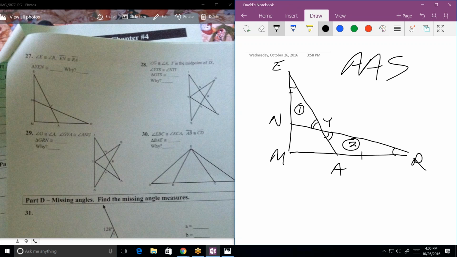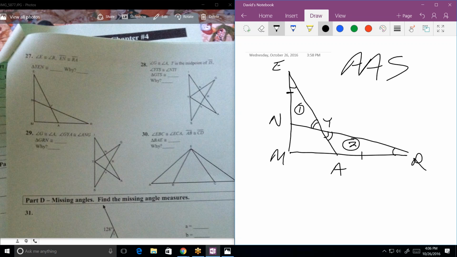Now, angle, side does not always prove congruency. It has to be the corresponding side. And the way you make sure it's the corresponding side is this side that has the hash mark is opposite this double hash mark angle.